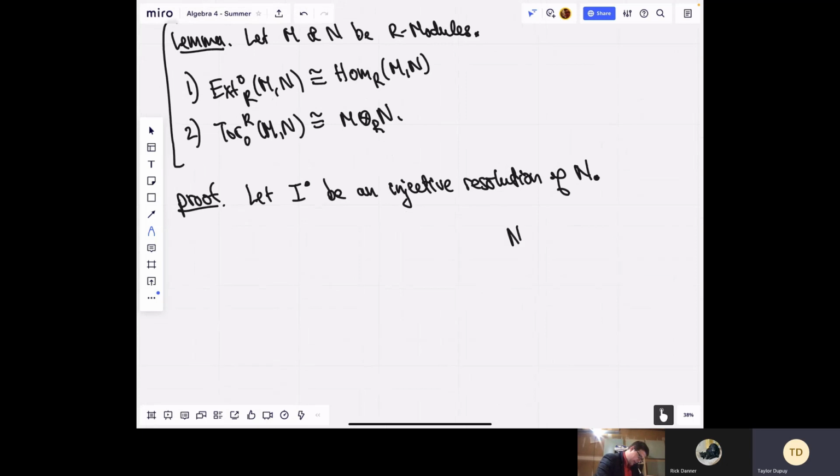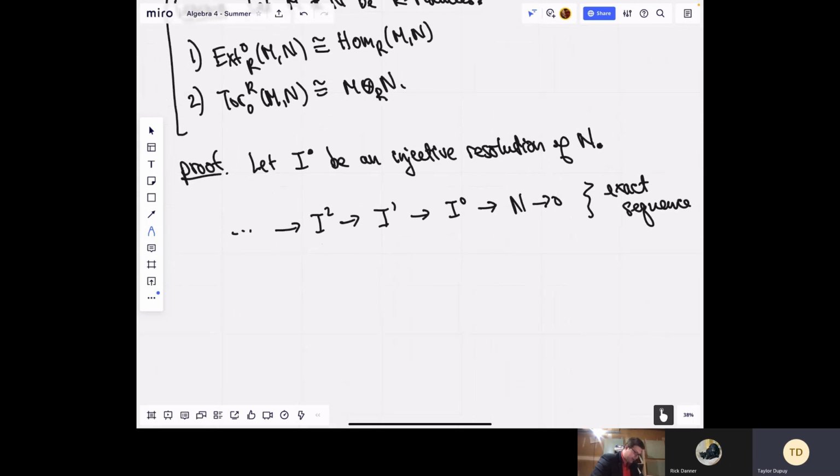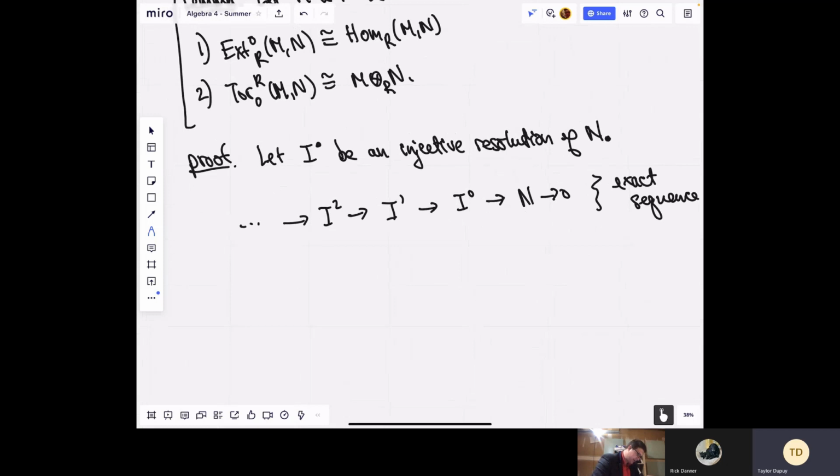That means we have an exact sequence like this, where all these I's are injective. Sometimes we think of it as a morphism of complexes.